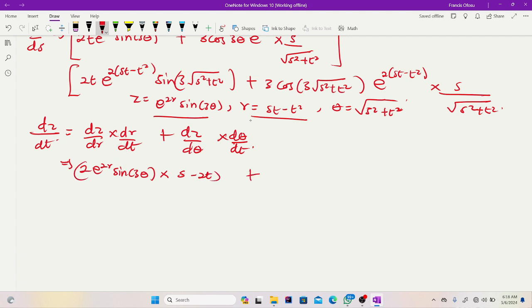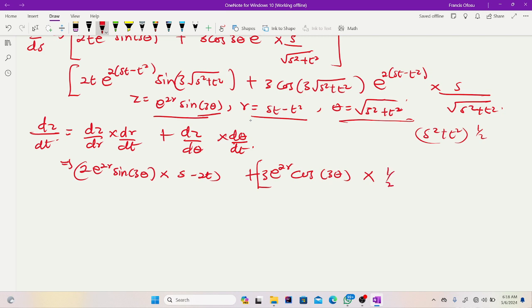Now plus the dz on d theta. I'm differentiating this with respect to my theta. This becomes a constant. So e to the power 2r is a constant. Then when I differentiate this, I'll get cosine 3 theta, but you just have to multiply here by 3. Then times the d theta on dt. When I differentiate this with respect to t, I simply take s as a constant, right? So I said this is the same as s squared plus t squared all to the power half.